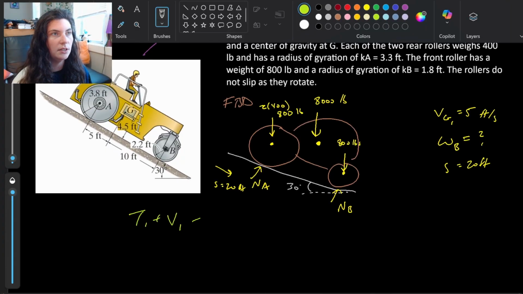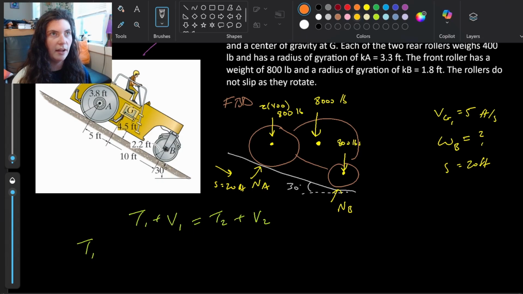T1 plus V1 equals T2 plus V2. So let's break down each one of these guys. T1, our initial kinetic energy, is going to be for this system as a whole. So we have to think about every single thing here that contributes to that initial kinetic energy. And we have energies from 3 different aspects, right?